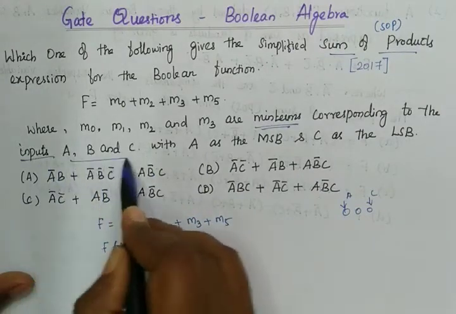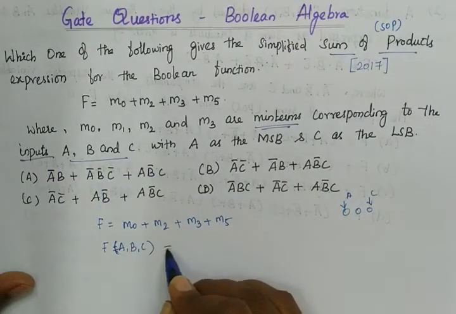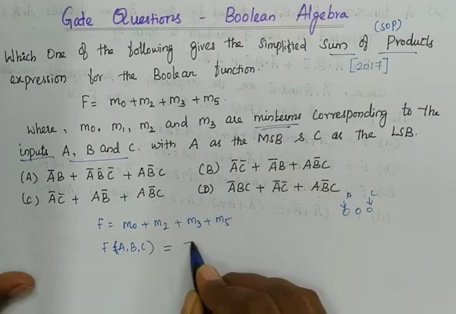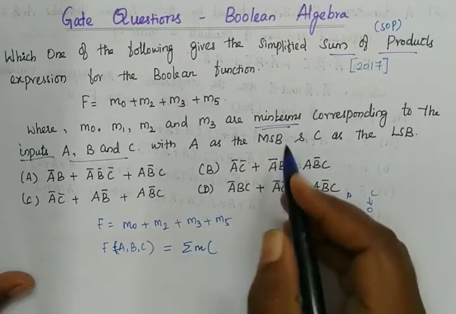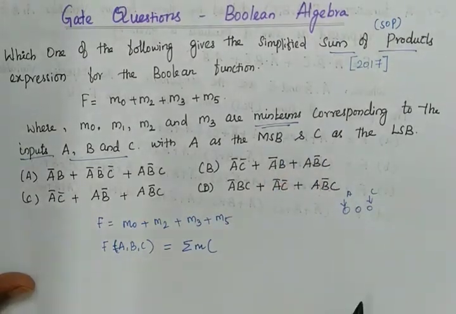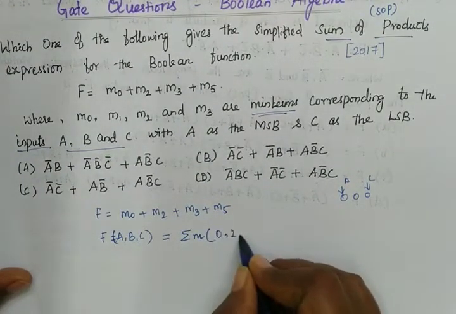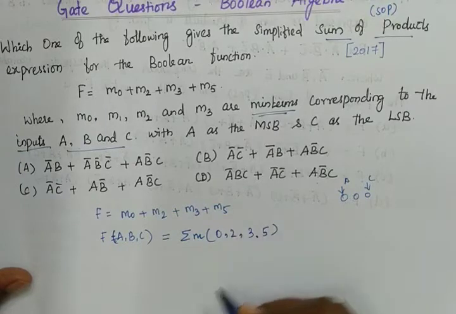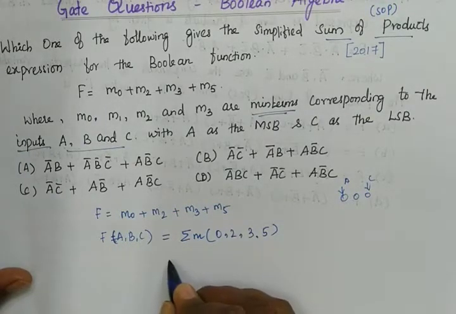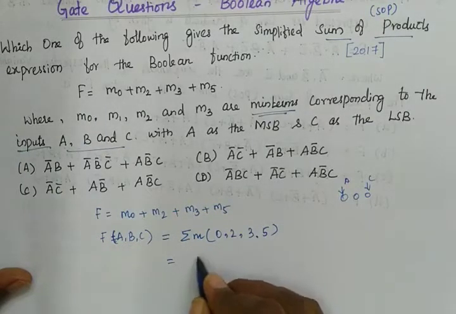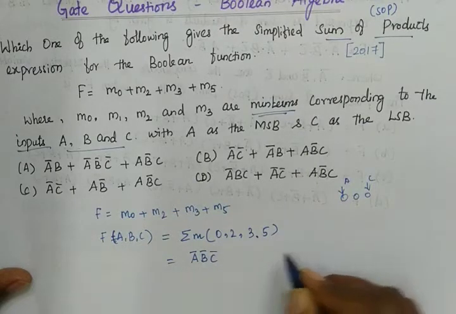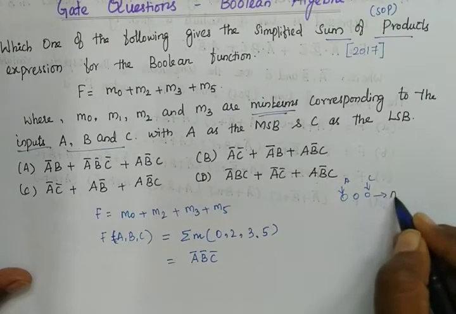Inputs are A, B and C. So f of A, B, C is equal to summation m, because it is min term. So we can represent this as summation m of 0, 2, 3, 5. Or we can also write this in min terms. What is 0? A bar, B bar, C bar, because 0 is represented as 0, 0, 0.